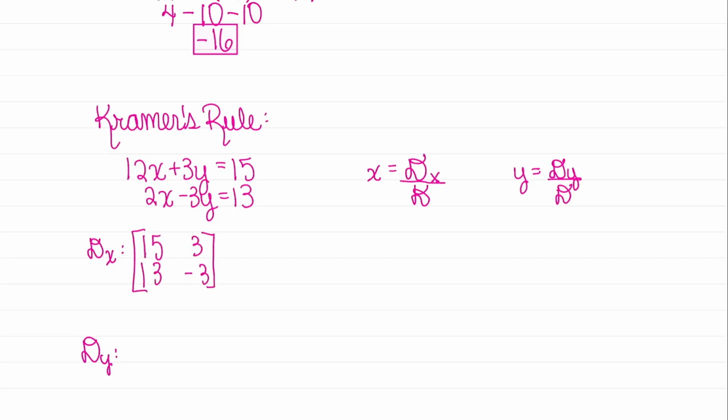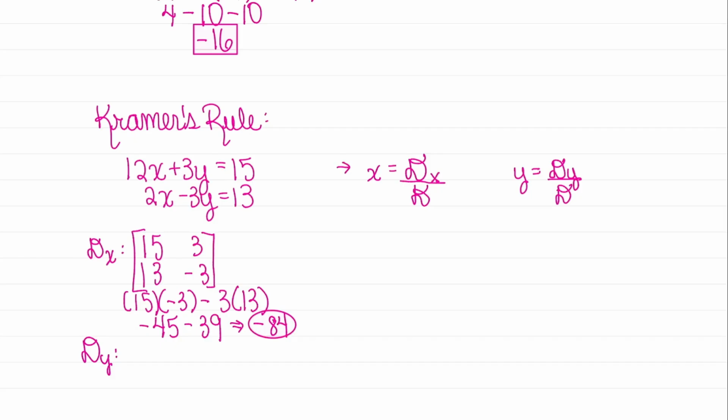Now we find the determinant of this matrix by doing 15 times -3 minus 3 times 13. That's going to be -45 minus 39. So our answer is going to be -84. That's just for the numerator of our expression up here.